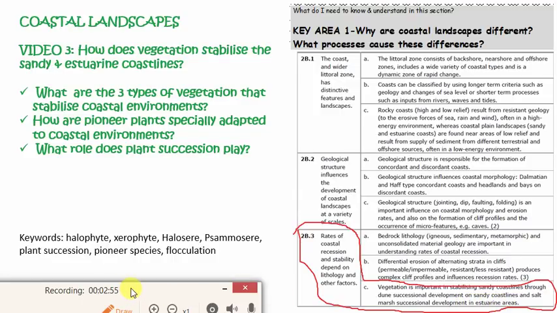We're also going to have a quick look at the role of mangroves as well, which we find in tropical warmer seas. Alright, give it a title then, nice new shiny piece of lined paper. How does vegetation stabilise sandy and estuarine coastlines? Alright, and then we're ready to rock and roll.